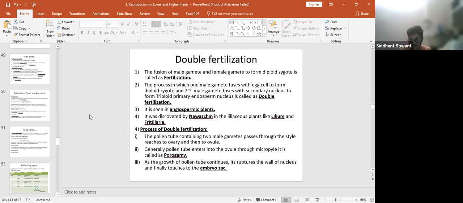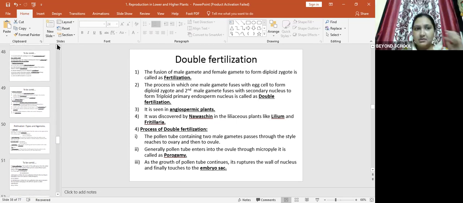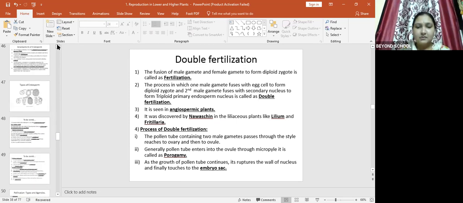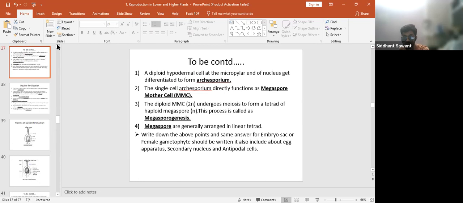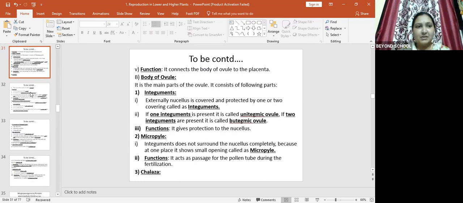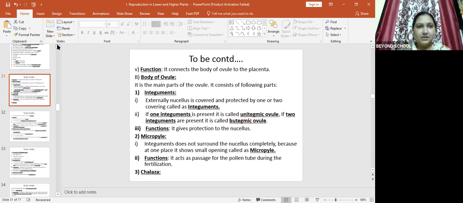In the male gametophyte answer, I have to write from the development of the male gametophyte to after pollination of the stigma. Yes, after pollination of the stigma.